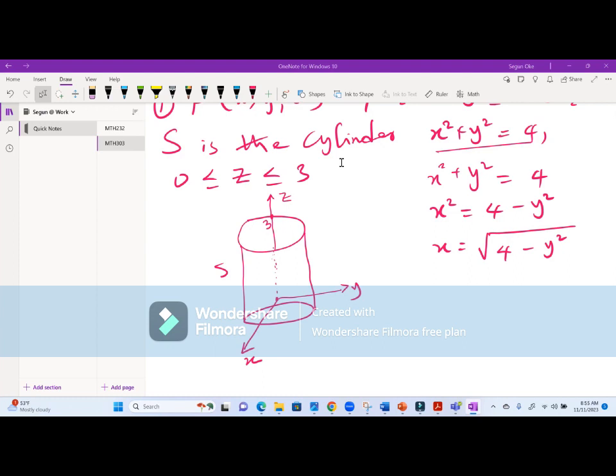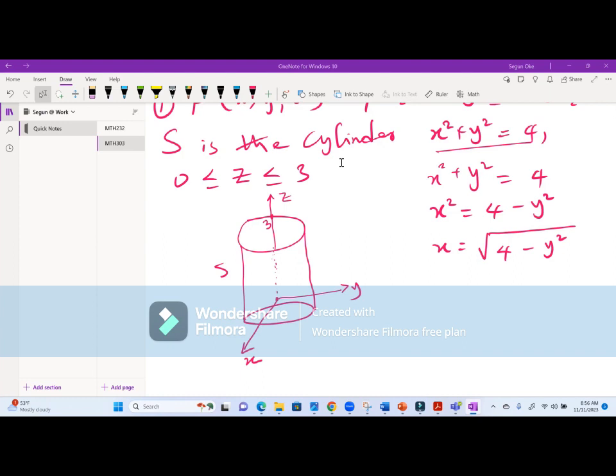So any idea to move forward from here? If you think you have an idea, just raise up your hands, then we can look at it together before I come up with my own solution. We are still on the divergence theorem.